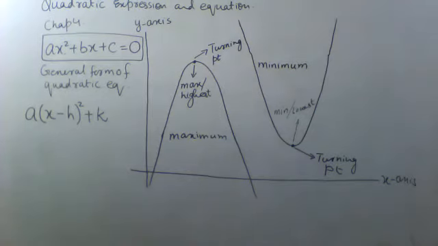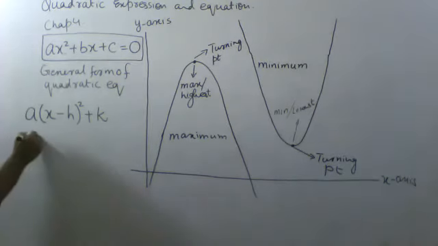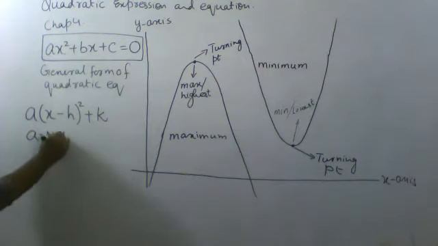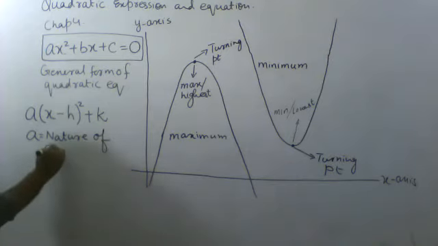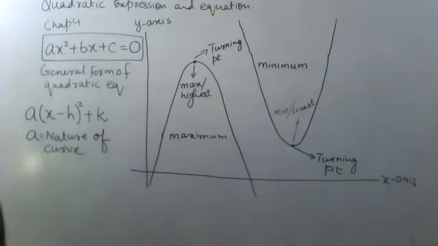The first thing I'm going to talk about is your a. What does this a represent? Basically, this a represents the nature of curve. What do you mean by nature of curve?